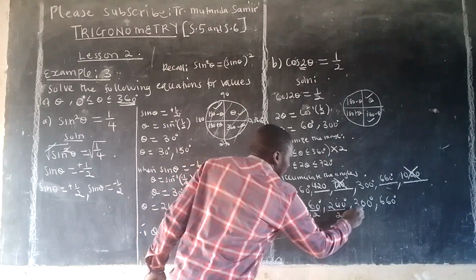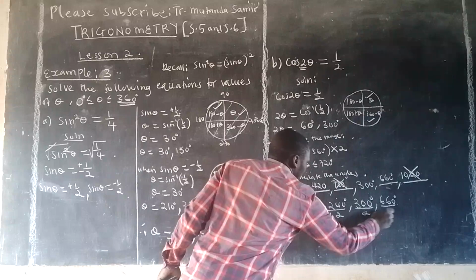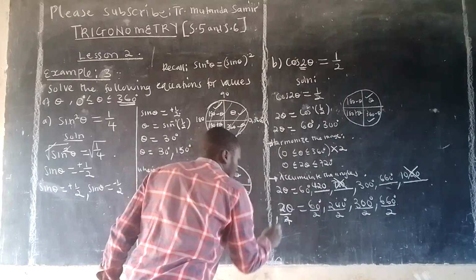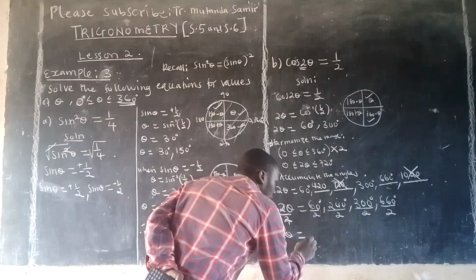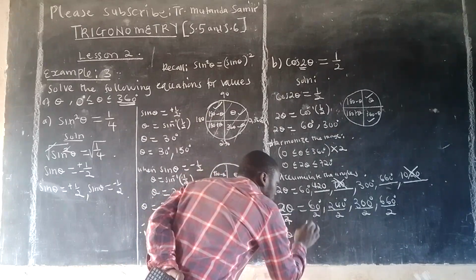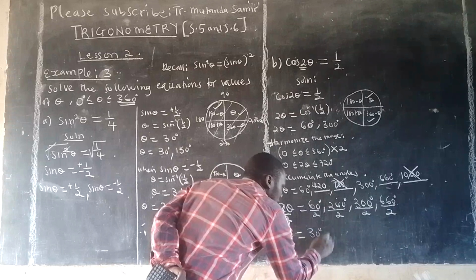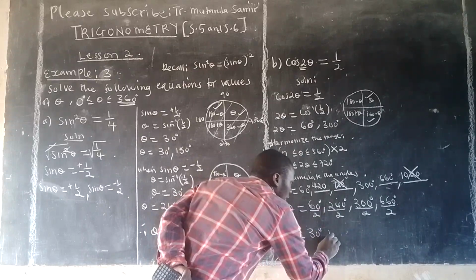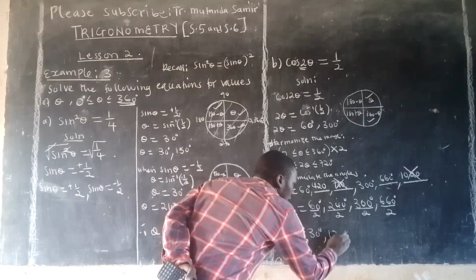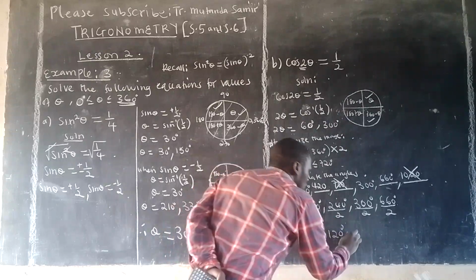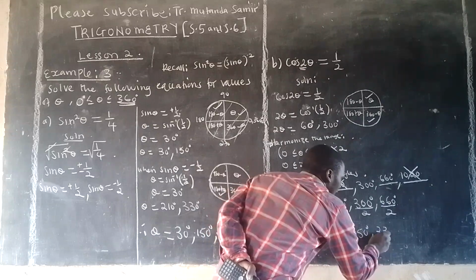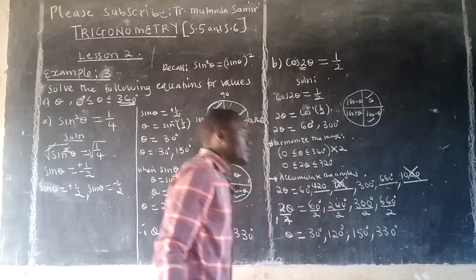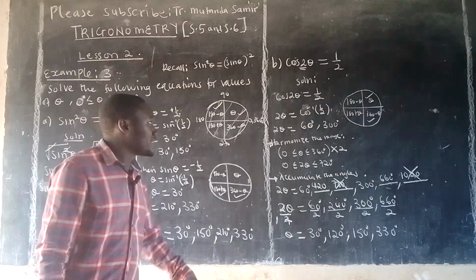So when you cancel that, your theta will now be equal to 30 degrees, 120 degrees, 150 degrees, then 330 degrees. Okay, that is it.